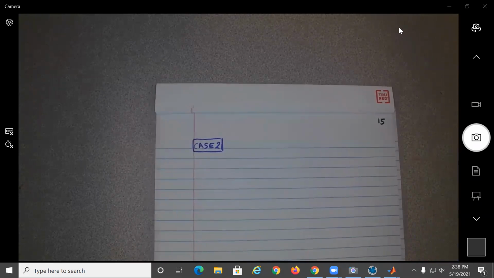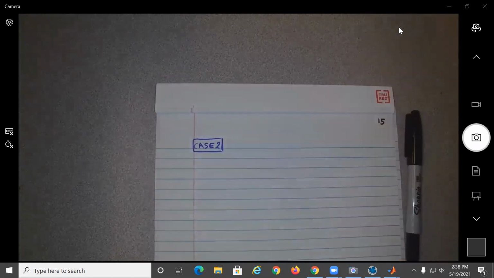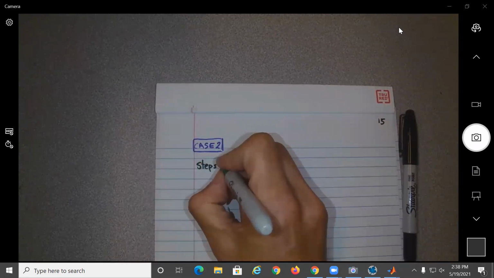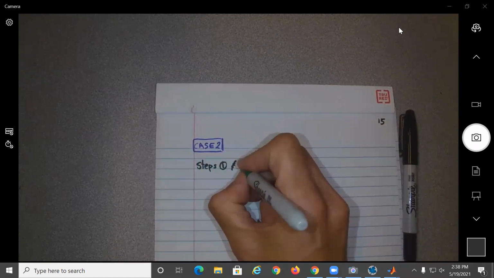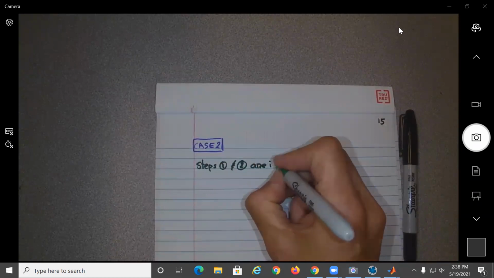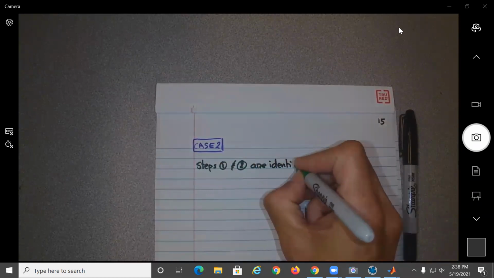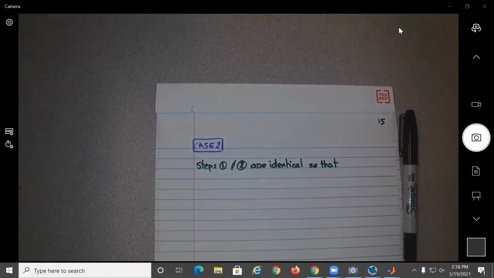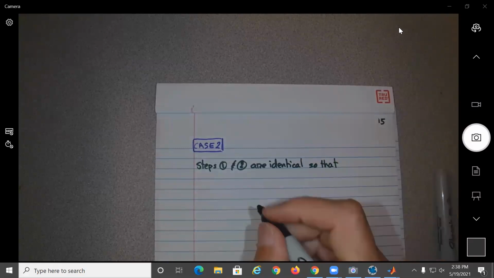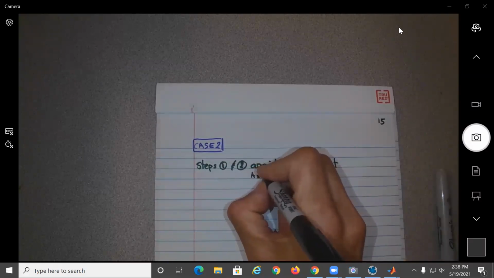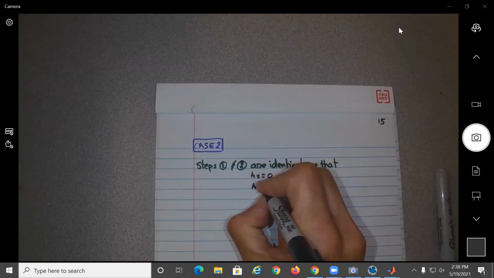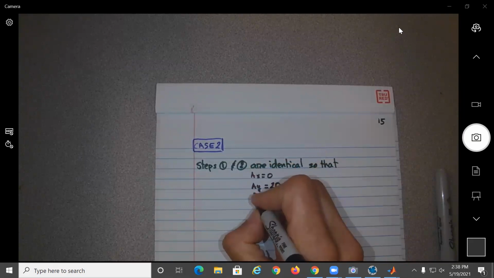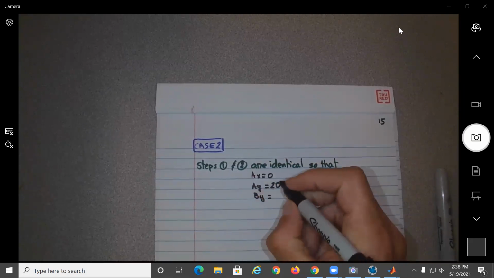Okay, so for here, let's say the steps 1 and 2 are identical, so that we have AX equal to 0, AY equal to 20, and BY equal to 10.